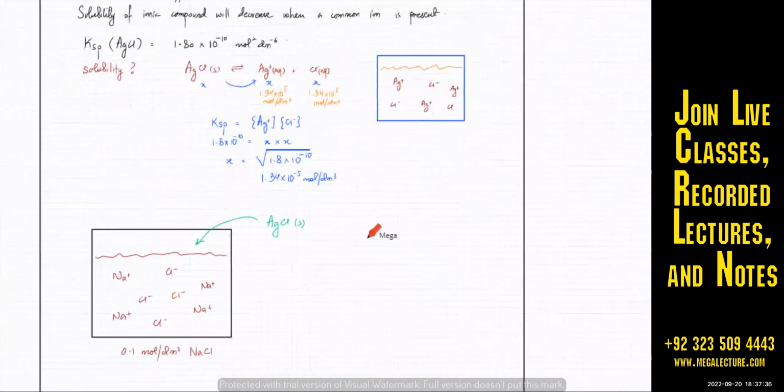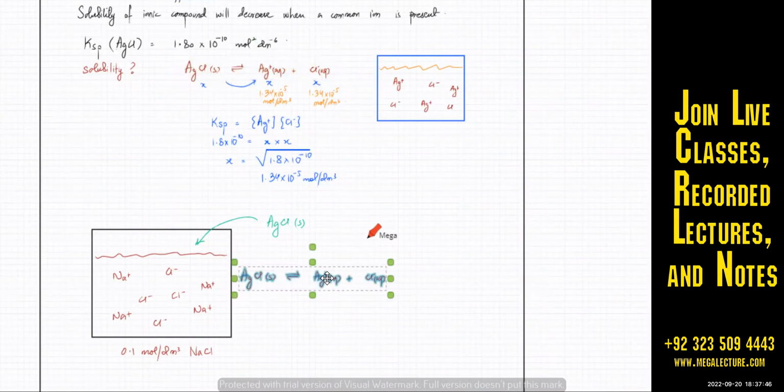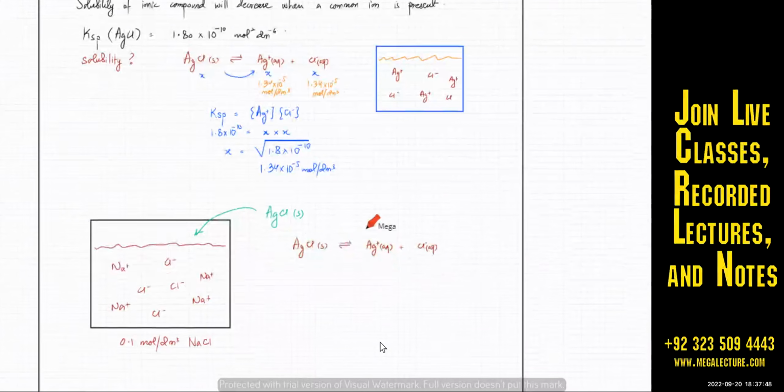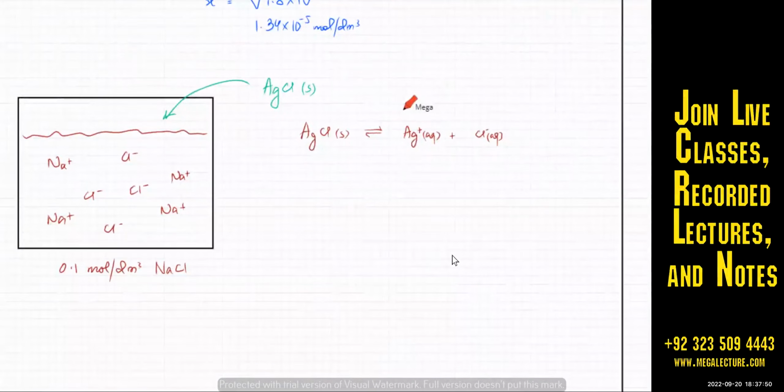Now, where do you think the equilibrium will shift? Let's copy this same equilibrium, AgCl trying to dissolve. If the Cl ion concentration is already high in the solution, that's known as the common ion, because AgCl also produces Cl ions and NaCl also has Cl ions.